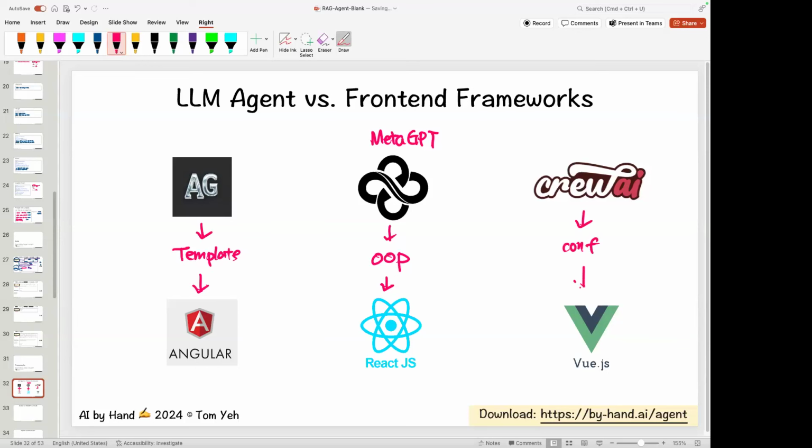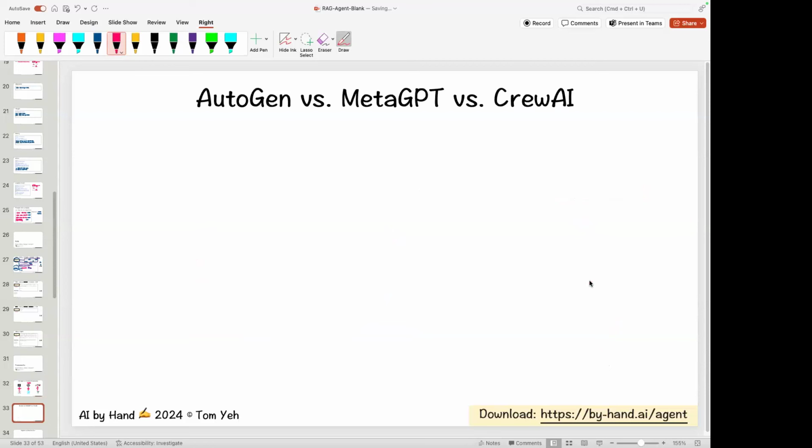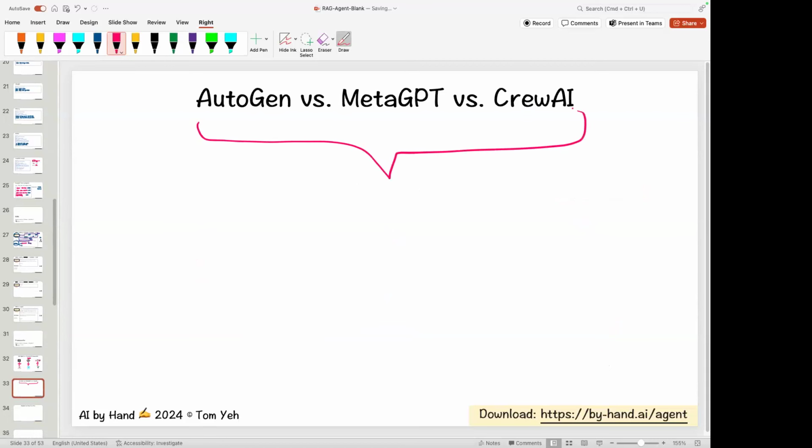It's similar to Vue. The reason I want to map that to the frameworks is that for these three different frameworks, you might think there's a lot, but all they're trying to do is just one thing: generate a big prompt.